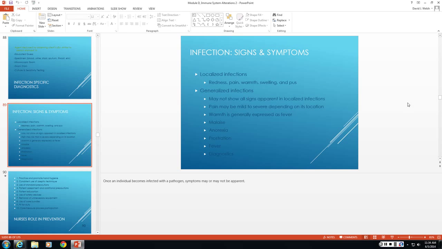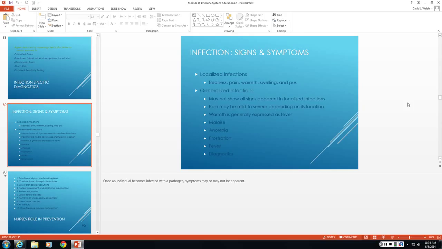So your signs and symptoms, like we talked about, they could be localized infections, and that's going to cause redness, pain, warmth, swelling. Could be pus at the site. Generalized infections usually aren't going to show any kind of signs apparent like you would in localized infections. The pain could be mild to severe depending on its location.